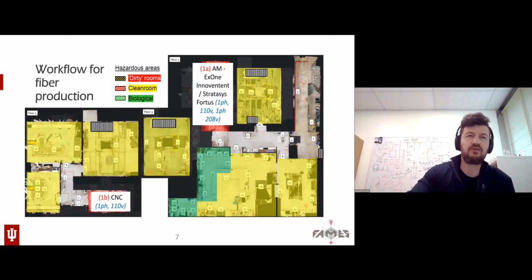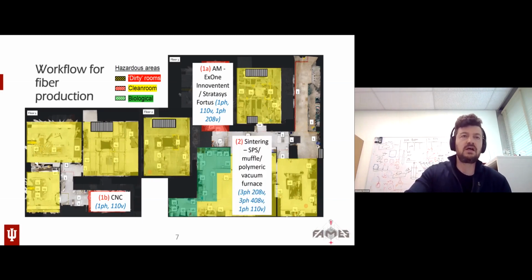This is for polymeric fibers that we make for biomedical applications. You already have here 2 different types of power consumption. Then we would take that internal part of the preform, or we can also fabricate the internal parts using CNC. So we have additive approach and subtractive approach.